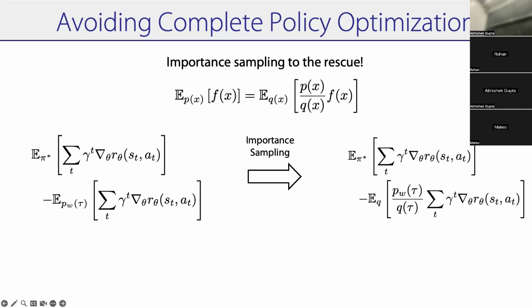And so if you do a little bit of gymnastics, you can show that the importance weight is going to become the exponential of the sum of rewards in the numerator, and in the denominator, since Q is your current policy, the product of likelihoods under that policy at every time step.